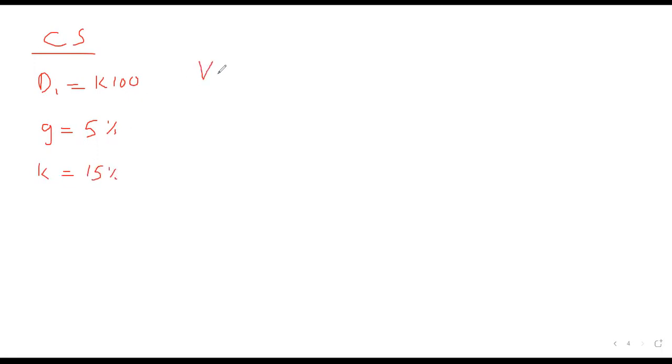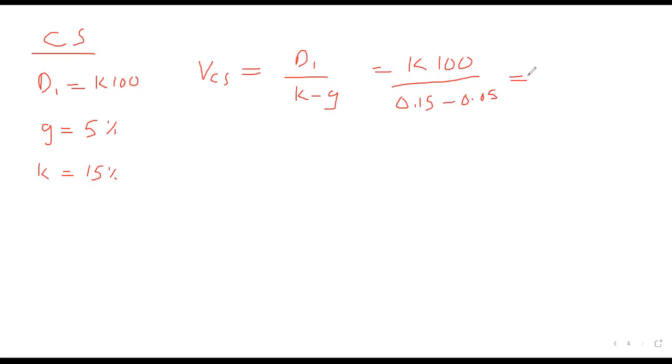The formula for the common stock is simply D1 over K minus G. So we're going to have 100 over 15%, 0.15, minus 5%, 0.05. We're going to have 100 over 10%, or 0.10. So here we're going to get 1,000.